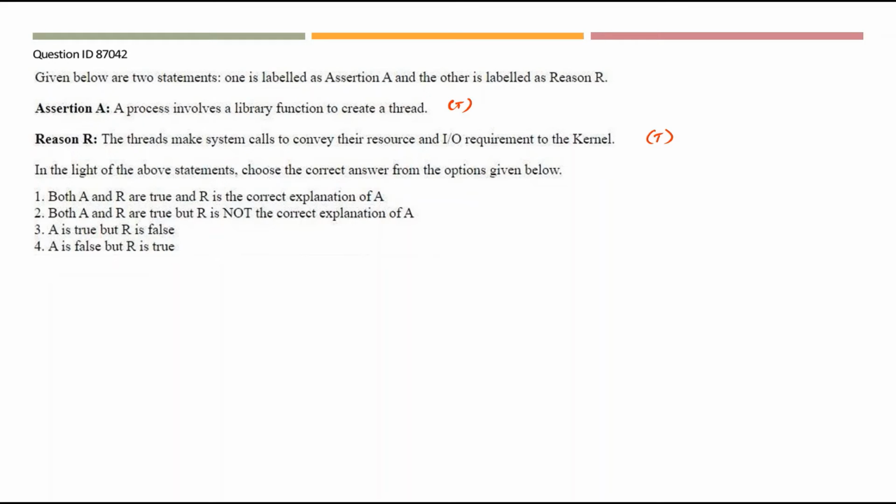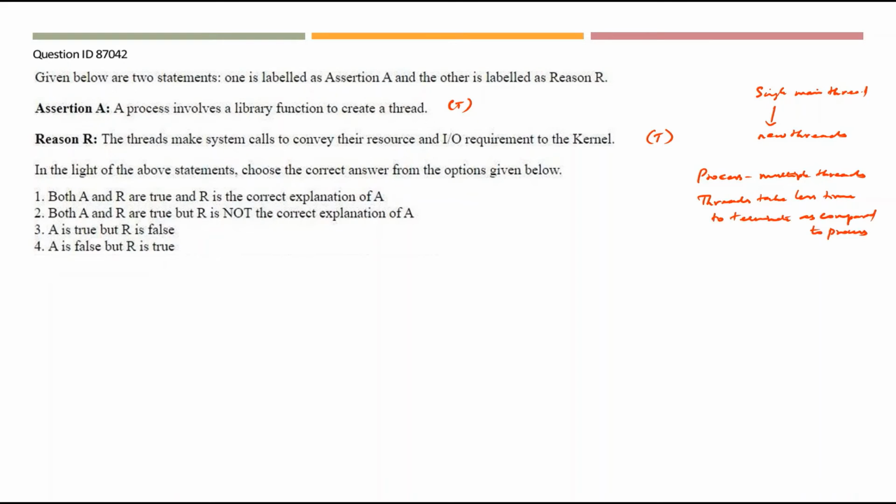Actually, processes start with a single main thread. The main thread can create new threads. A process can have multiple threads. Threads take less time to terminate as compared to a process. One process has so many threads.